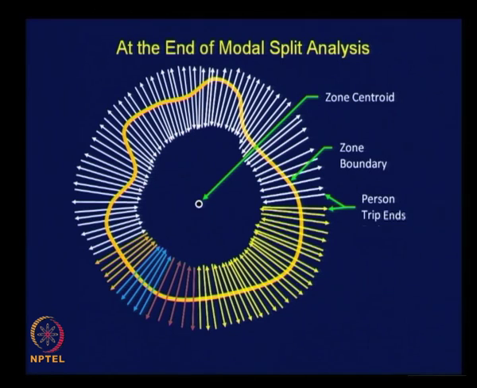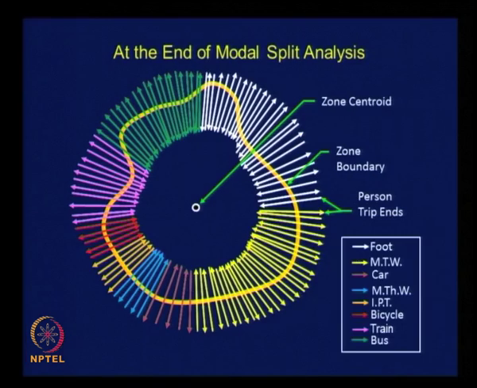We determined the proportion of trips associated with different alternative modes available for travel. The color coding is given here. The modes available could be foot, motorized 2-wheeler, car, motorized 3-wheeler, intermediate public transport, bicycle, train, bus, and so on.